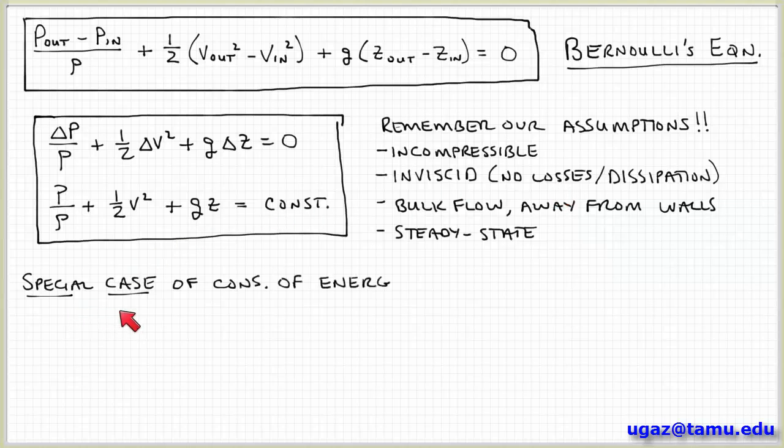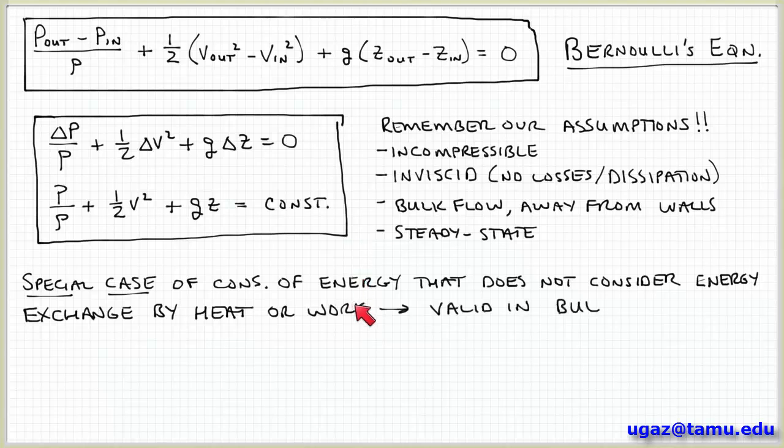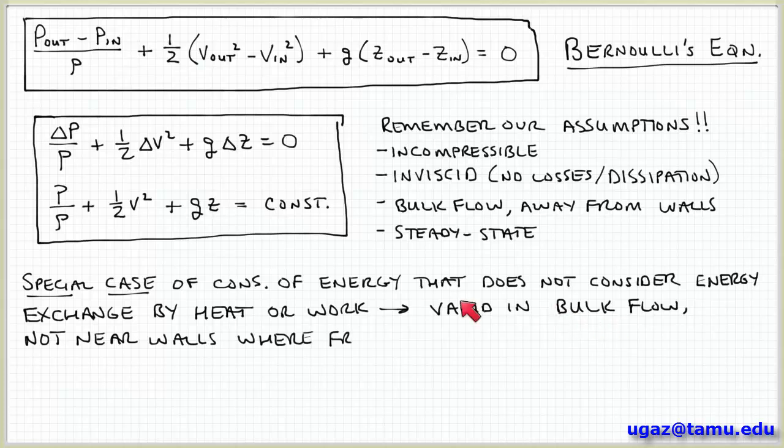So this assumption regarding the viscous losses is important, and I just want to talk about that a little bit more here. Bernoulli's equation is basically a special case of the conservation of energy that doesn't consider any losses or energy transfer associated with heat or work, because remember, we neglected those heat flow and mechanical work terms. So that's an important assumption, and as a result, it's really valid in the bulk flow. By bulk flow, I mean away from boundaries, away from walls in the system, because at those locations is where we're going to have velocity gradients.